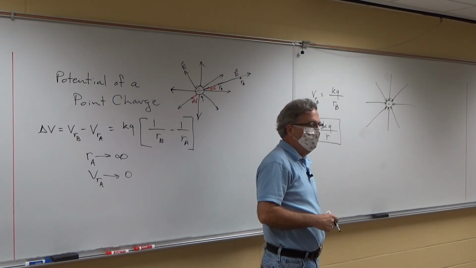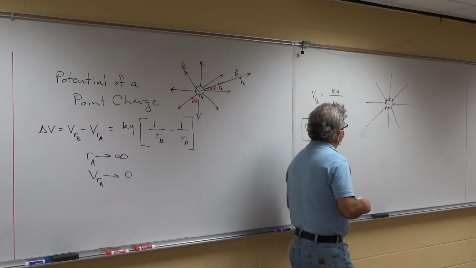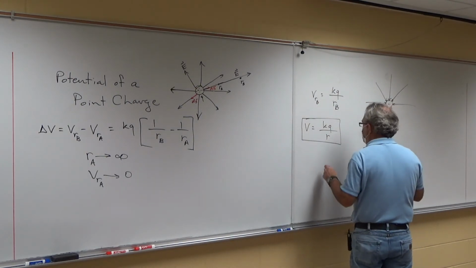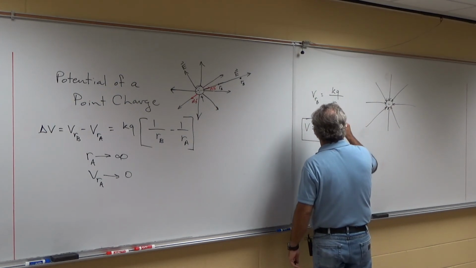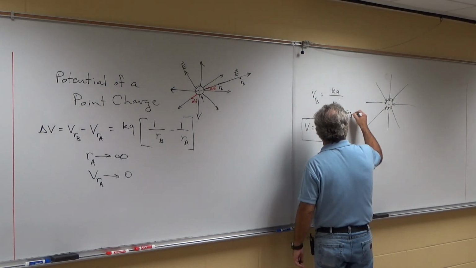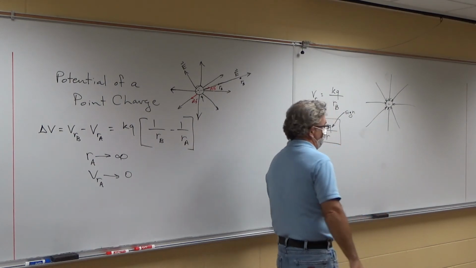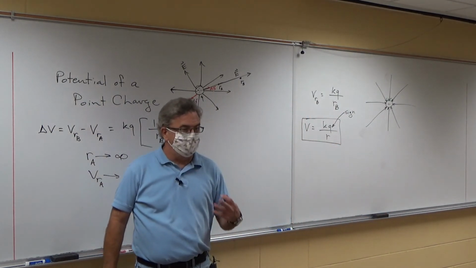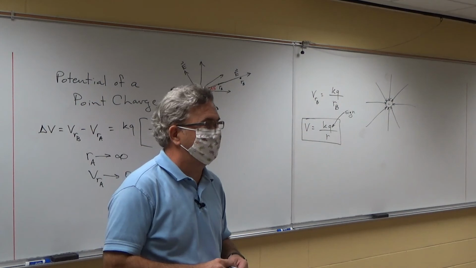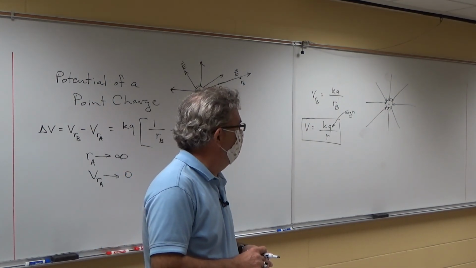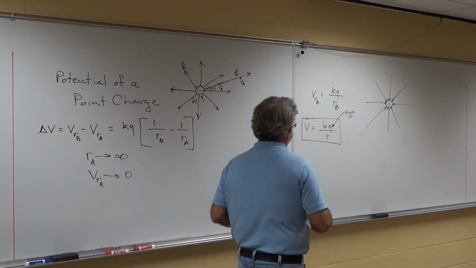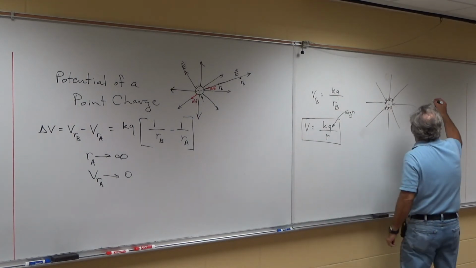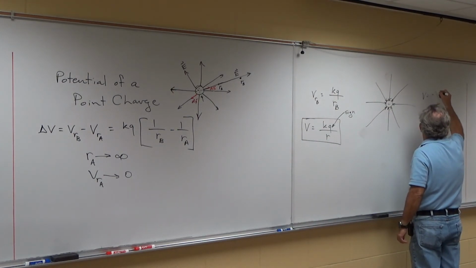They're ending on the negative charge. So for a negative charge, we do have to pay attention to the sign, meaning if it's a negative charge, you have a negative potential. Positive charges have positive potentials. Does this still work? So V is equal to negative KQ over R.